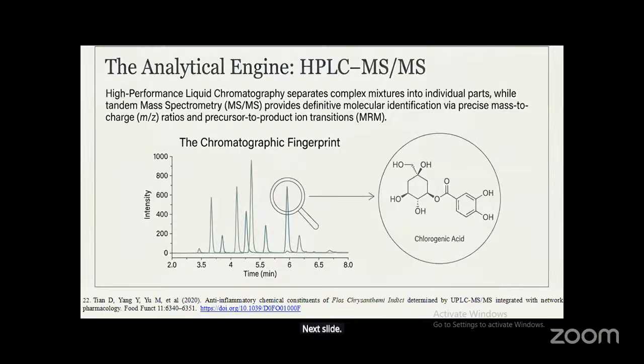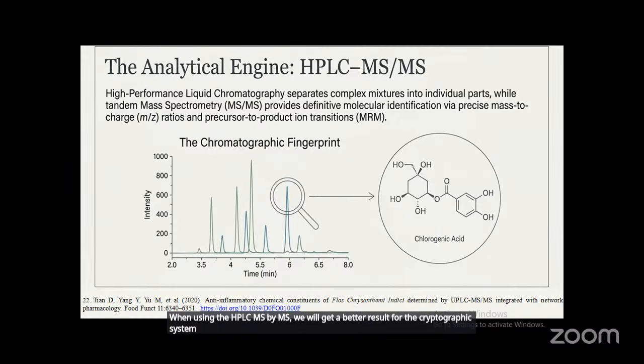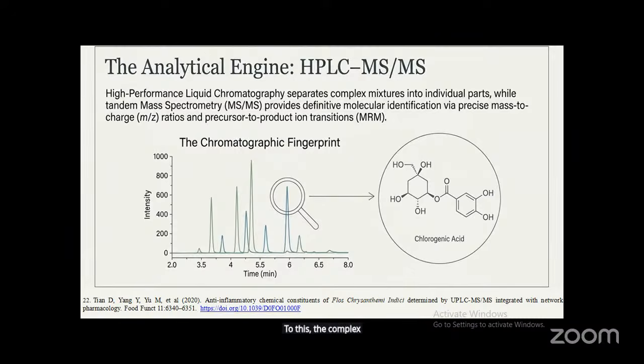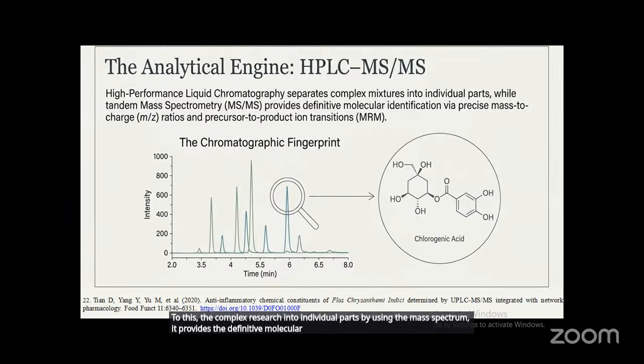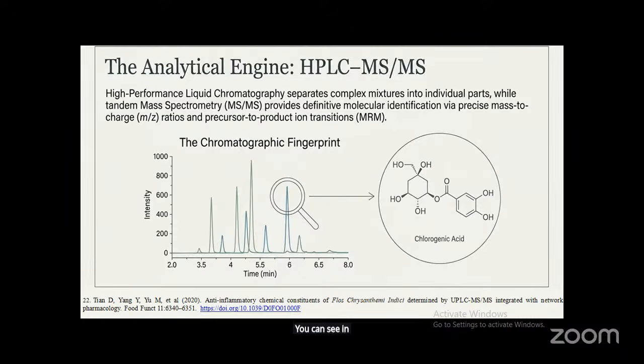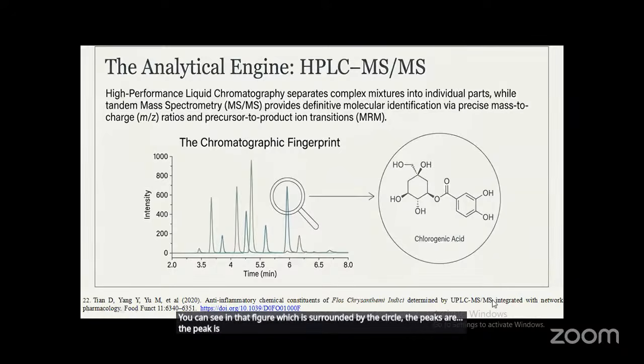When using HPLC-MS/MS, we get a better result from the chromatographic system. Thereby, you can separate the complex mixtures into individual parts using the HPLC system. The mass spectrum provides definitive molecular identification via precise mass-to-charge ratios and precursor-to-product ion transitions. You can see in that figure, surrounded by the circle, the peak is identified as chlorogenic acid.